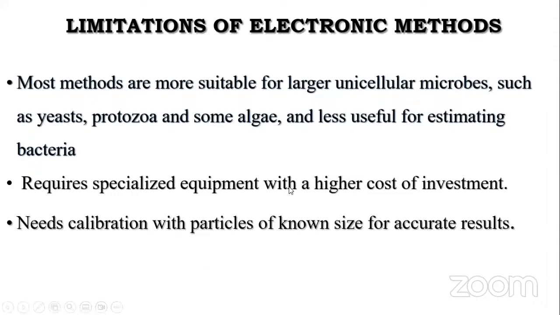So we use them for unicellular organisms because they have bigger cells, unlike microorganisms like bacteria that have smaller cells. So it is less useful for estimation of bacterial cells.